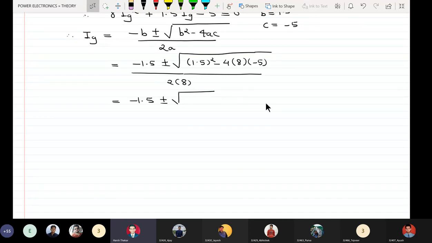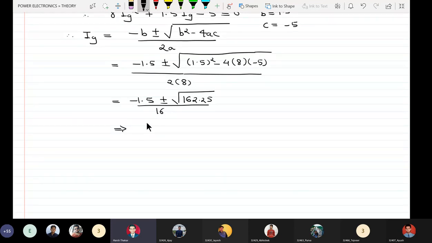Minus 1.5 plus or minus square root of 1.5 square plus 8 into 4 into 5, which is 162.25, on 16.